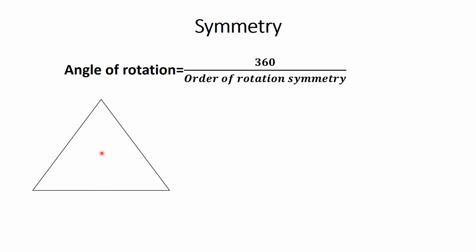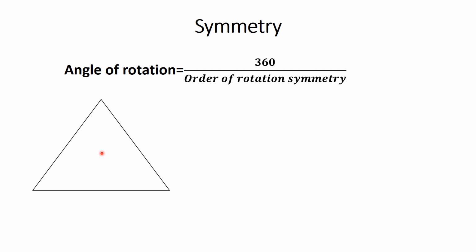But again, we've regained this, like where we started from, and that's when it is looking the same way it was at first. So here we say this shape has an order of rotation symmetry of 1. Okay, and its angle of rotation is 360 divided by 1, which is just 360.